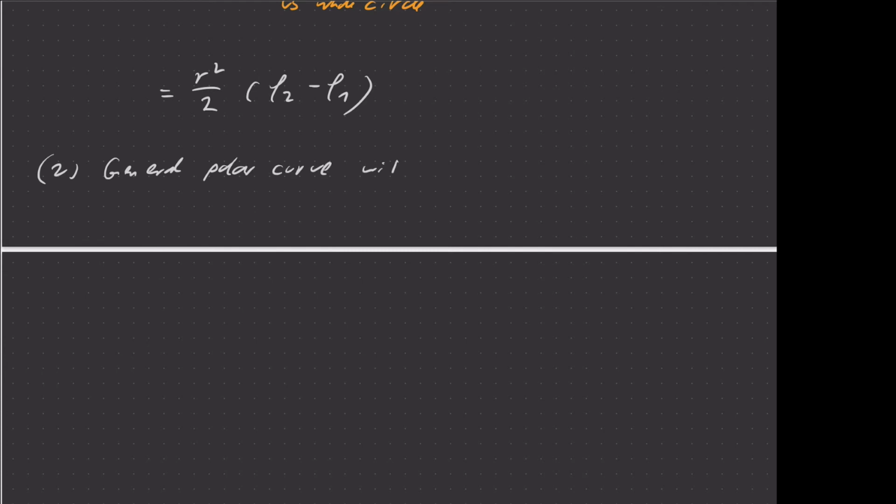So let's say we have the general polar curve with radius r equals r of phi. So what does that look like? Let's make a quick sketch. So for example, imagine we have a curve that may look like this here, and maybe it continues.